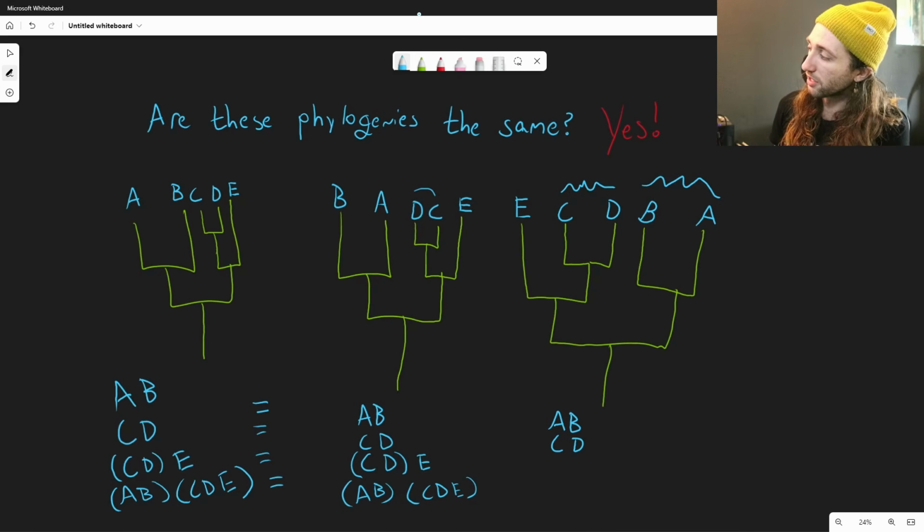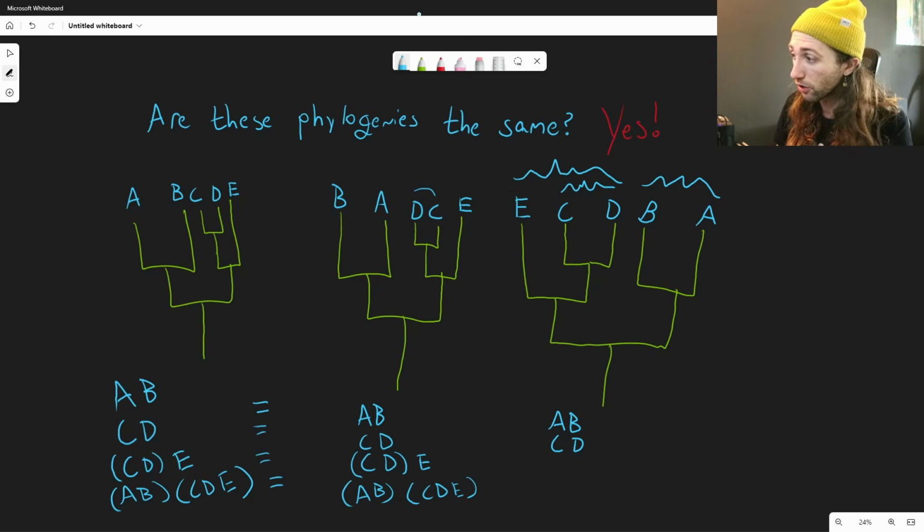Now, what about this clade containing CD and E? CD being the clade that is most closely related to E. Well, that is found right here, right? So even though it's rotated, yes, we could write E, CD, but that is equivalent to writing C, D, and E, okay?